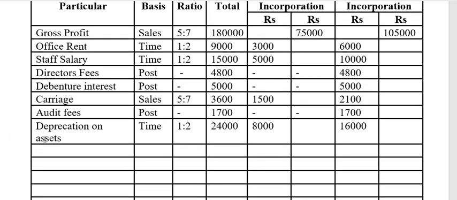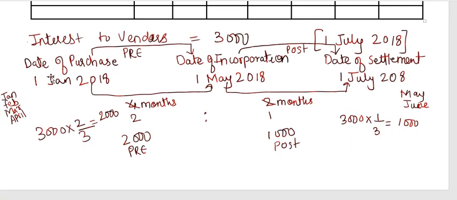Okay, so here write interest to vendor. Now under the column of basis you will write actual. Why? Because adjustment was there. An explanation of this adjustment of interest to vendor we have done here.